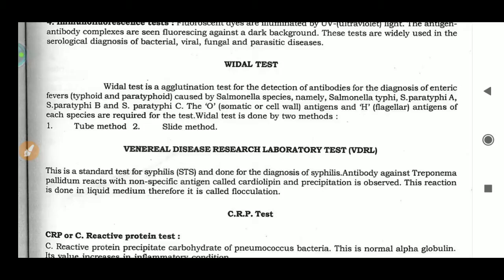The Widal test is done by two methods. First is the tube method and second is the slide method.